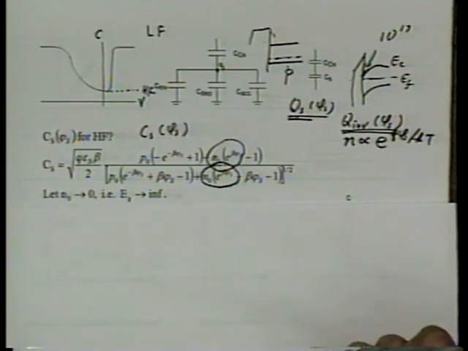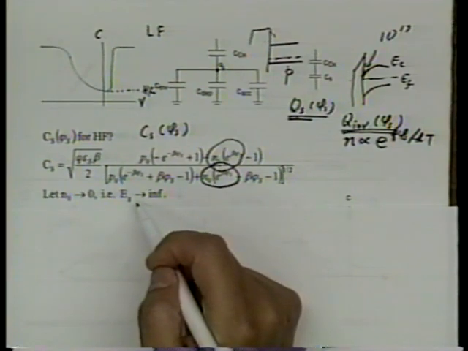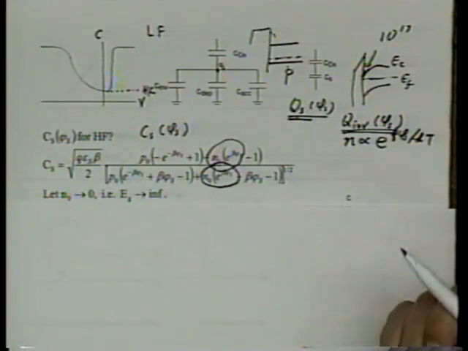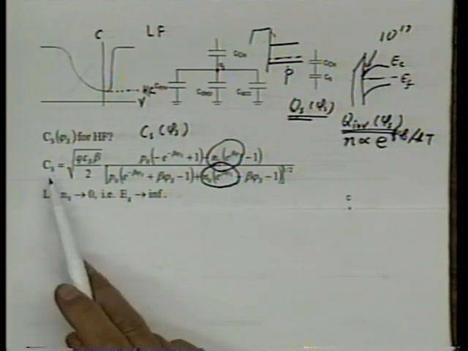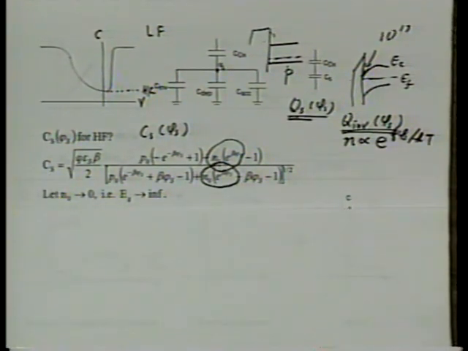Because another way of thinking about this is essentially by assuming that EG is infinity. Okay? If EG is infinity, then we would not have any minority carriers, right? No matter how much bending. So that's another way to think about what you would have to do to change this to high frequency. You follow what I'm saying?